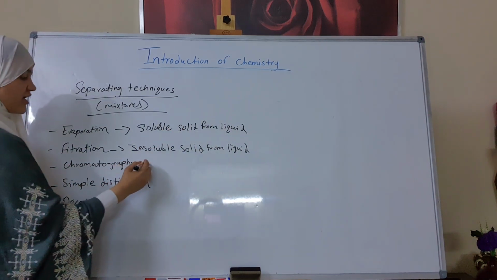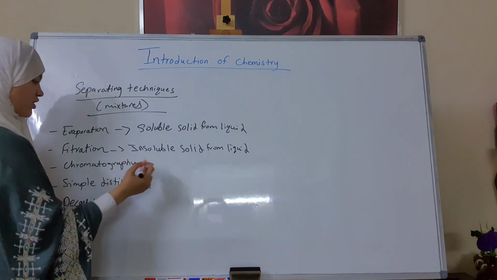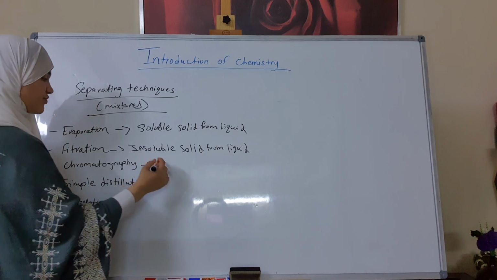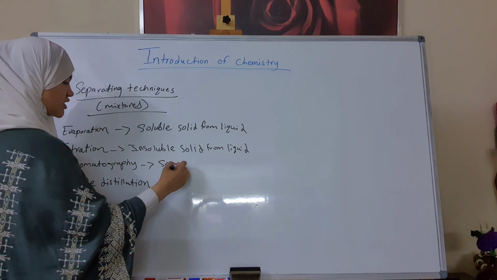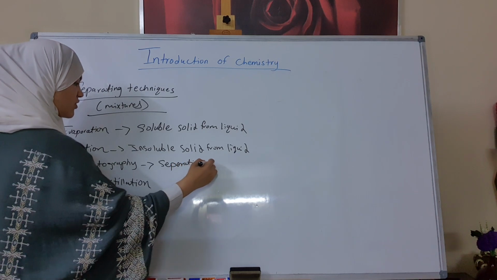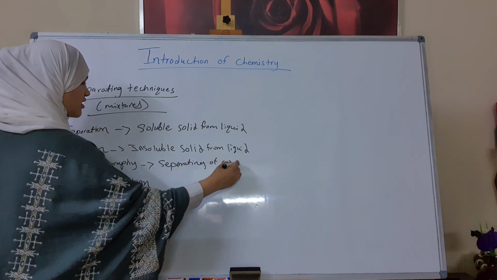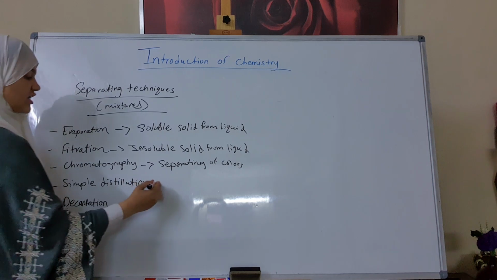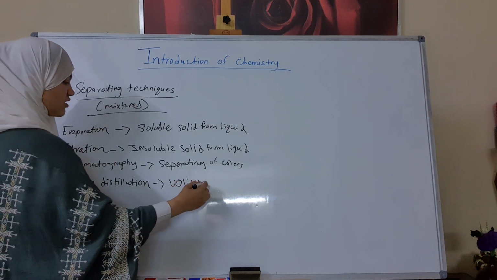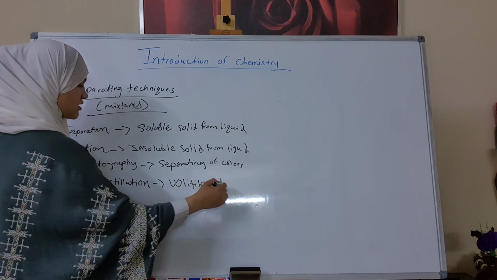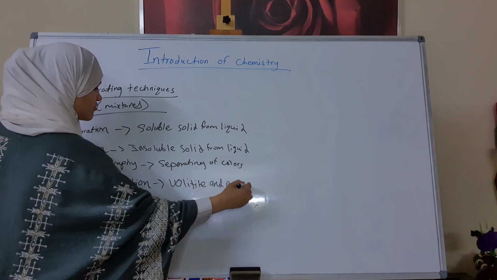For chromatography, it's used for knowing the color or separation of colors. Separating of colors. Simple distillation, it's to know whether it is volatile and non-volatile.